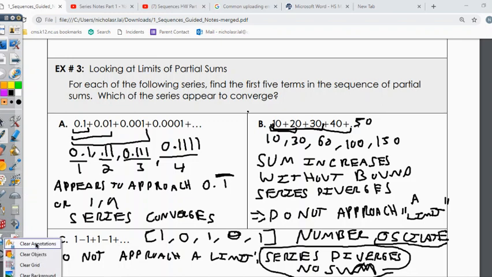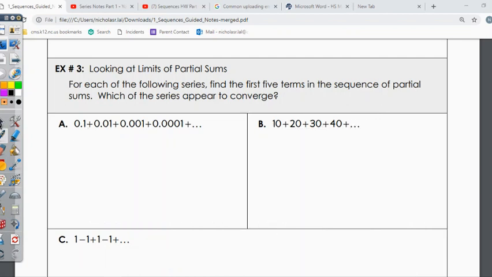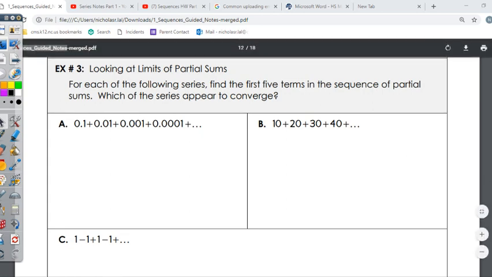All right. Am I good to clear? Yeah. All right. Once again, let's refocus here. If you're off task, let's get back on task.